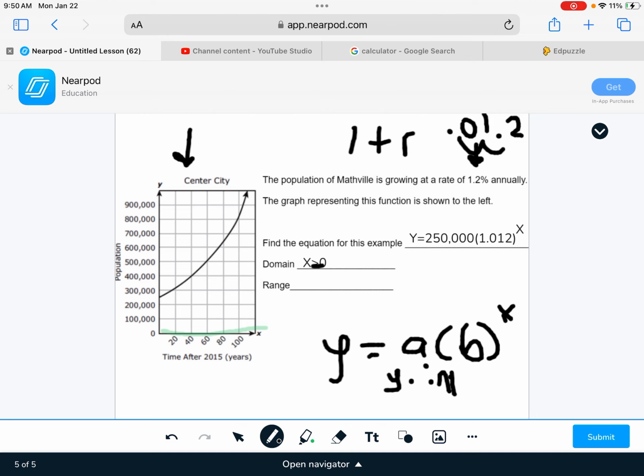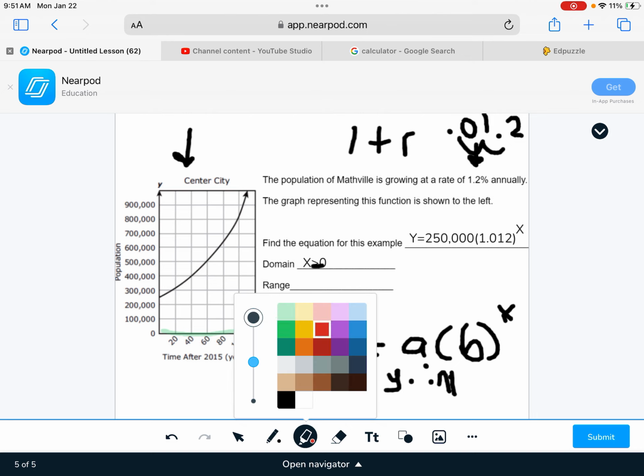Range is talking about the growing, right? Now, when I look at this graph, there is a minimum population that this graph is going to have. Eventually, we could work our way backwards in time and so on, but that's not what we're given to work with.